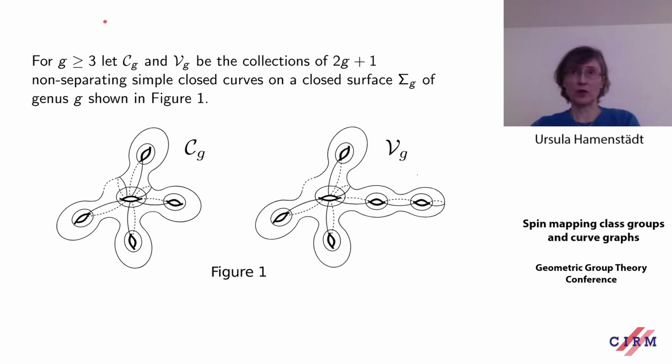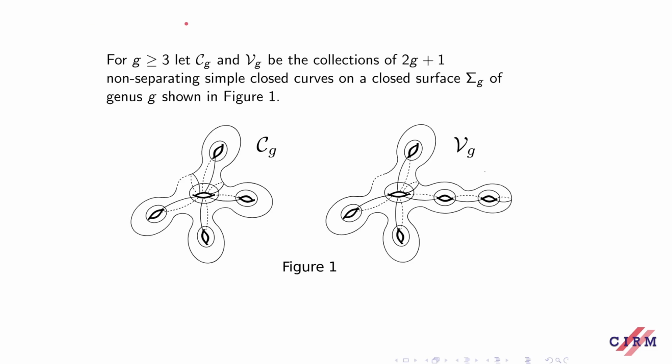This consists of 3g minus 1 simple closed curves, which I do not have a picture of now, but which are nicely spaced in the surface. That means any two such curves intersect in at most one point, and they cut the surface into nice disks.